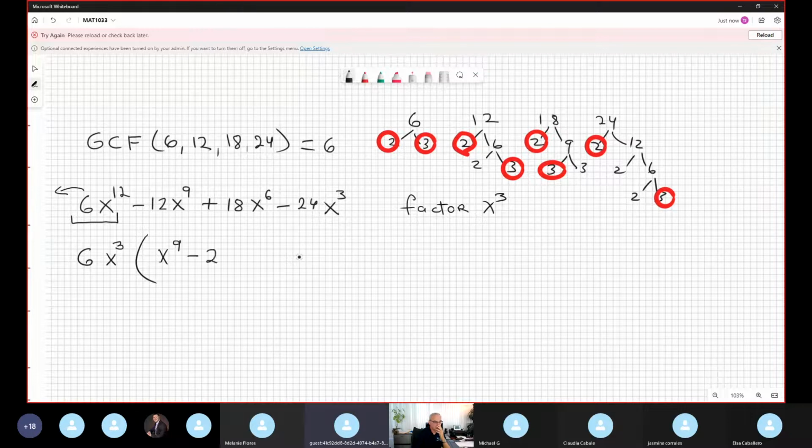Minus 2x to the 6, 6 plus 3 is 9, plus 3x to the third power, because 3 plus 3 is 6, minus 4, no? So in my mind, look, 24: if you factor out the red part, which is 2 and 3, stays alive in 24 a 2 and 2, together is 4. Final answer. Any question?